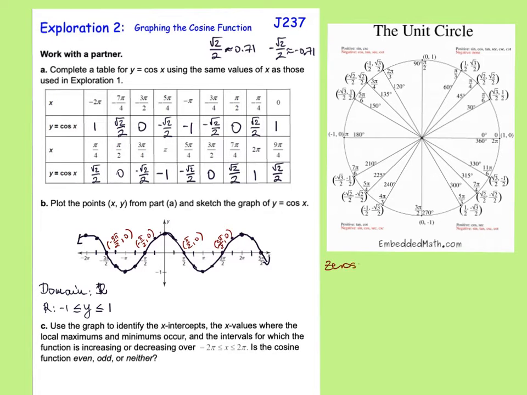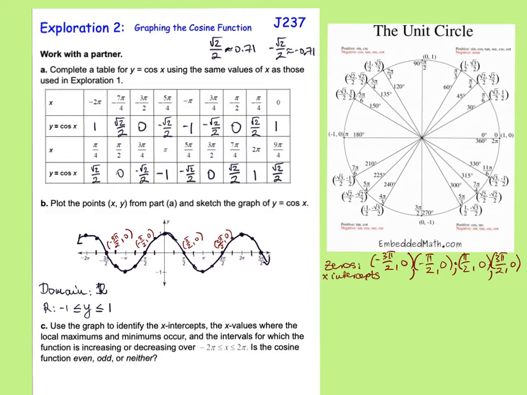So our zeros or x-intercepts are going to be -3 pi over 2, 0, -pi over 2, 0, and pi over 2, 0, and the last one is 3 pi over 2, 0.